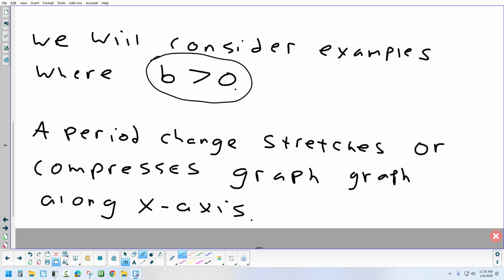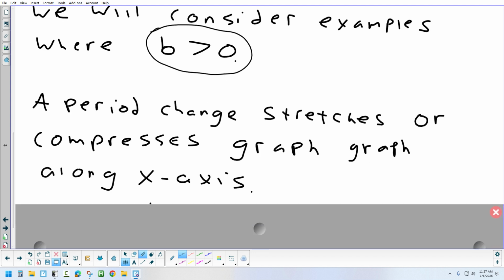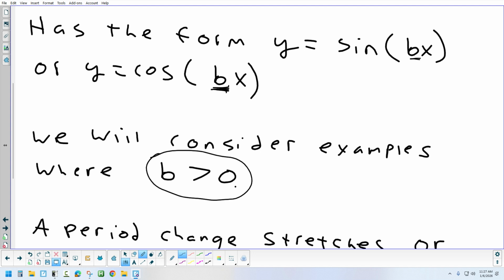Okay, so period change, stretching and compressing horizontally along the x-axis. And if you make this a big number, bigger than 1, like 3, 5, 20, what does that do to the graph the bigger you make this number?